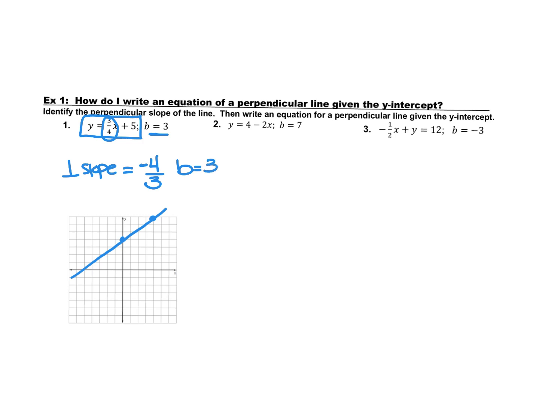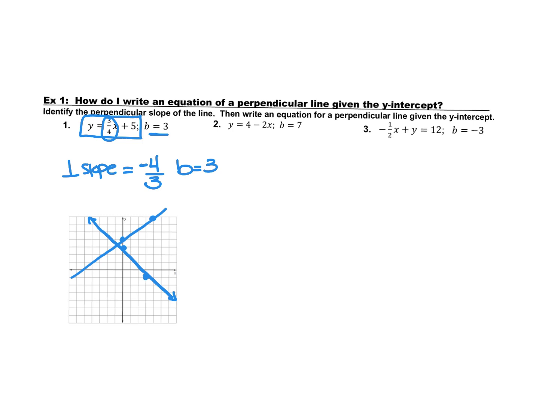So let's go ahead and graph that line. We're going to start this one on the 3, and then I have a -4 all over 3 slope. So I'm going to go down 4 and over 3. And now when I draw my line here, this is what that'll look like.